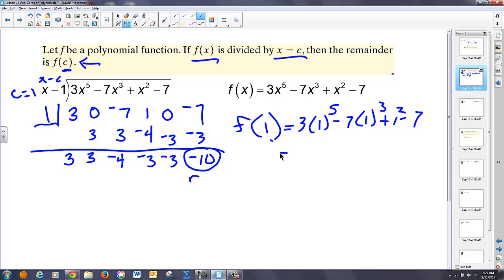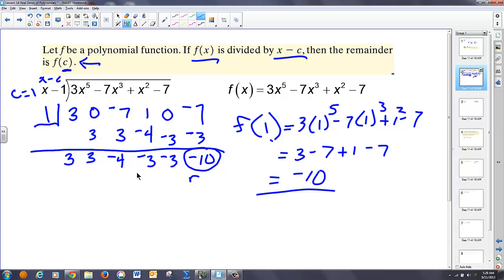And I better get -10. So here's 3 minus 7 plus 1 minus 7. I've got -14 and 4 is -10.